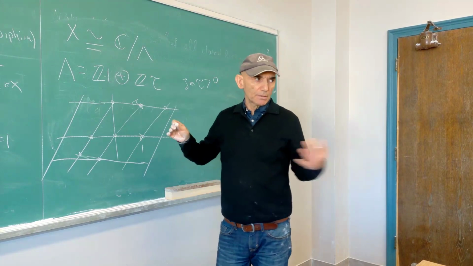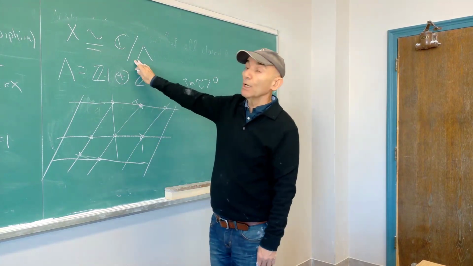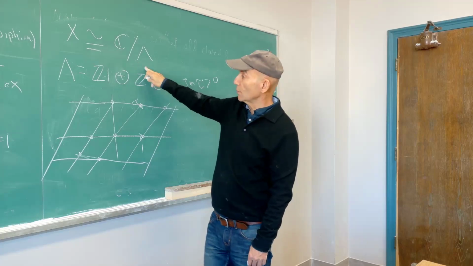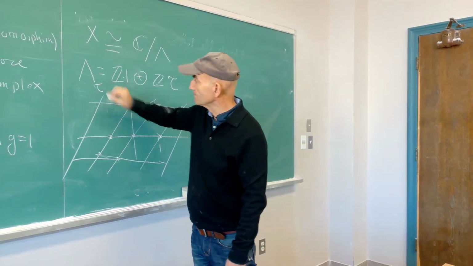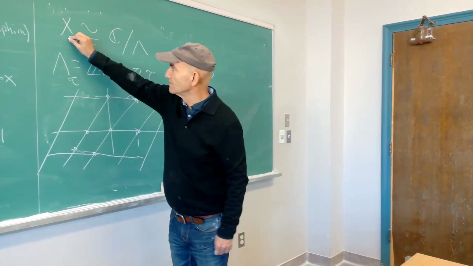There is a quotient map, and it gives you a complex structure on the quotient. Let's call this lambda tau, and let's call this X tau.